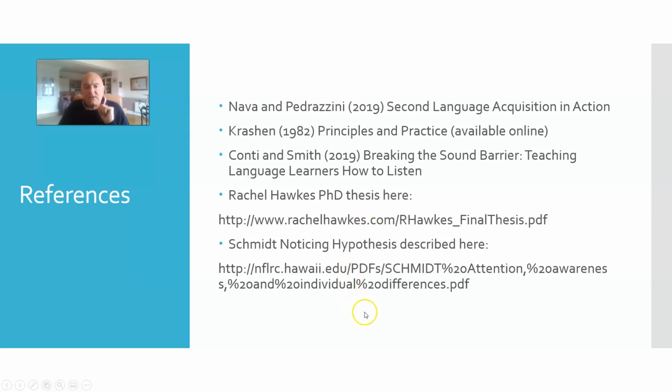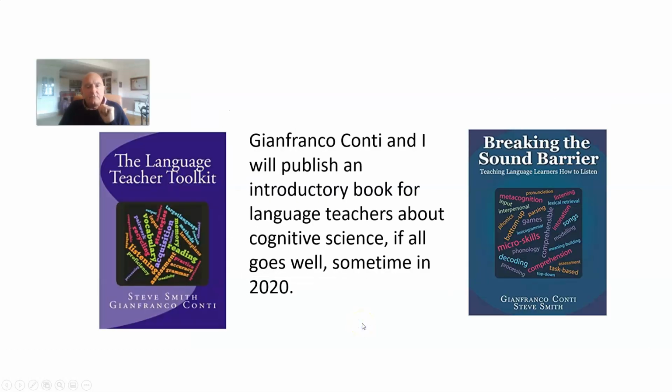The Schmidt noticing hypothesis is also described on that link. And so, I've been reading about this stuff as part of the work that both Gianfranco and I are doing for our book on cognitive science, which, if all goes well, will come out sometime in 2020. Meanwhile, there are our other two books, The Language Teacher Toolkit and our more recent book, Breaking the Sound Barrier.